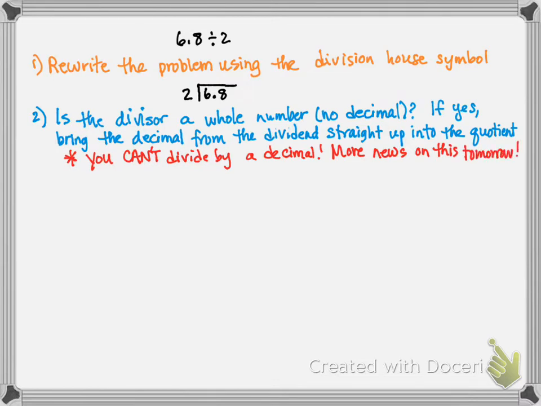Okay? So, let's get back to our problem. We've got 2 dividing into 6.8, and this decimal point goes straight up into the quotient. Okay? Then we're just going to go ahead and start dividing.